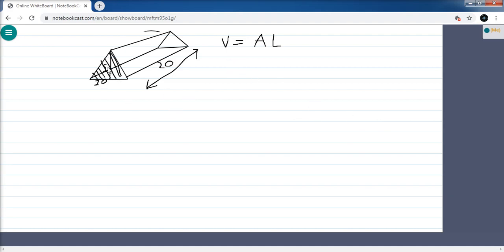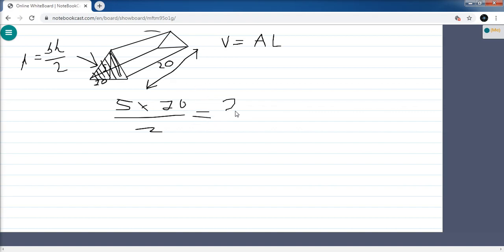So here we find the area, which will be 5 multiplied by 10 over 2, because the area of a triangle equals base times height all over 2. That's the area of the triangle. So we'll get 50 over 2, which will equal 25.